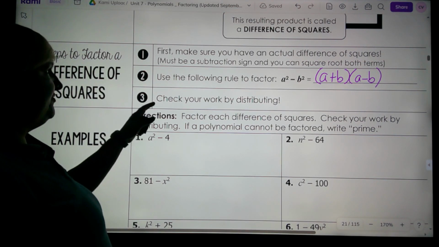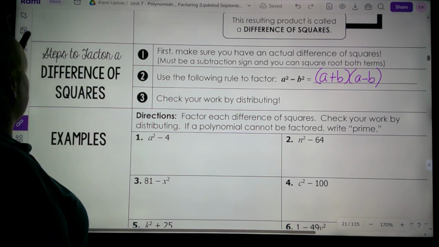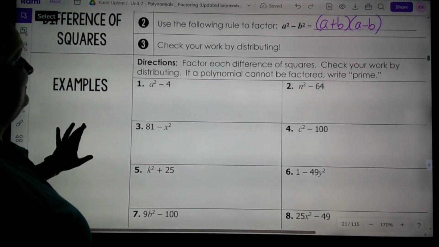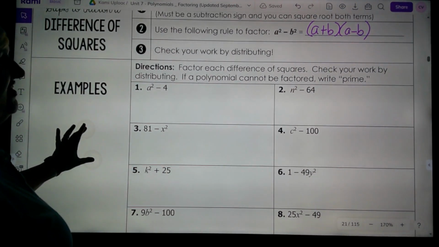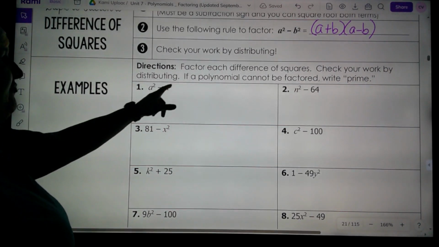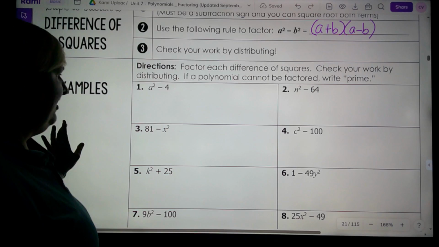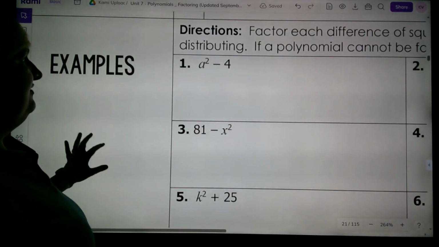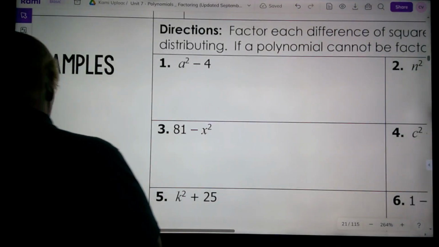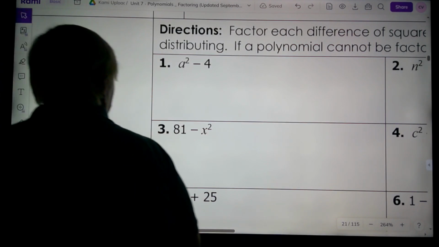Check your work by distributing. We didn't do that on the previous one. We should probably have done that. Alright, factor each difference of squares. Check your work by distributing. If a polynomial cannot be factored, write prime. Get used to seeing your perfect squares. Remember what they said.